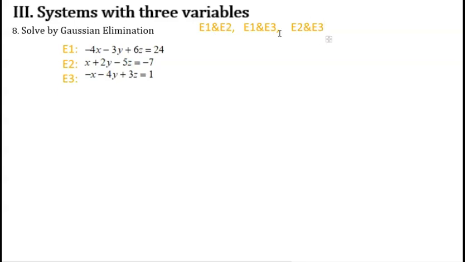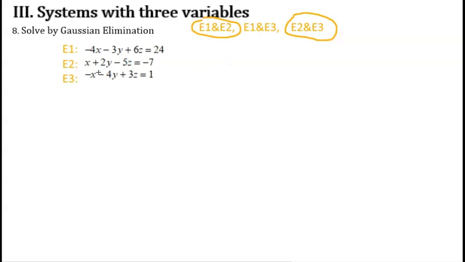So we have to choose 2 of these 3 combinations to eliminate a variable. For this example, we'll go ahead and choose the first combination and the last combination. Again, it doesn't matter if you choose this one or the middle one, as long as you choose at least 2 of these.